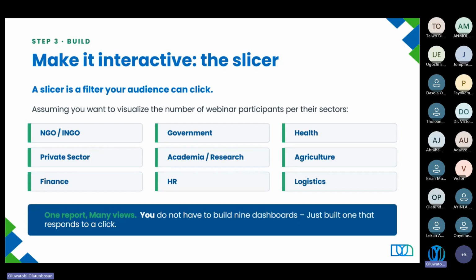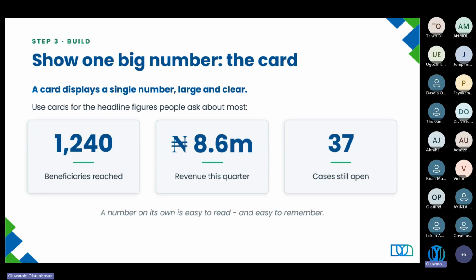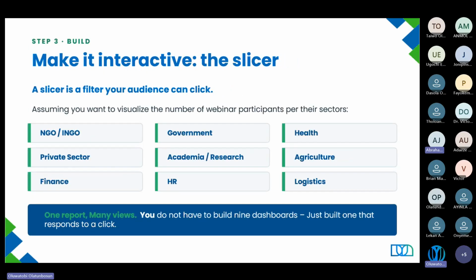They won't be able to know the disaggregates of my webinar participants. All I need to do is include my slicer, then put in these categories, the sector, and they can drill down.